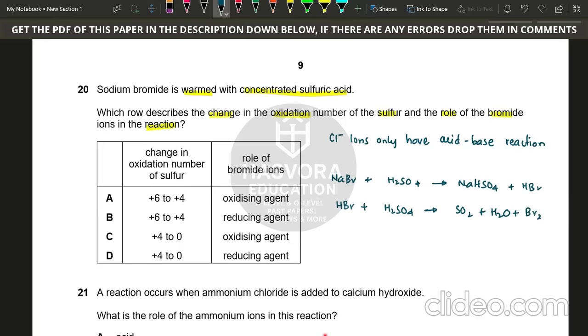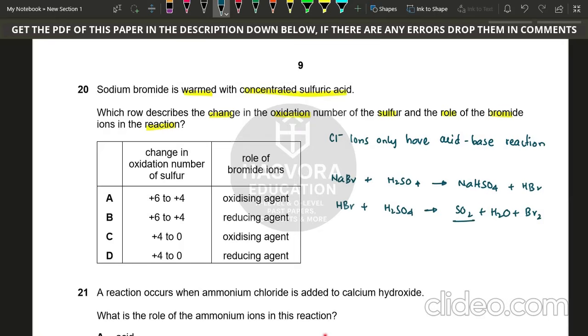Okay, so it reduces it one time only, while in the case of iodide the reduction happens two times. For example, after sulfur dioxide it will go to sulfur and then it will go to H2S. Okay, so SO2 is the lowest oxidation state here.